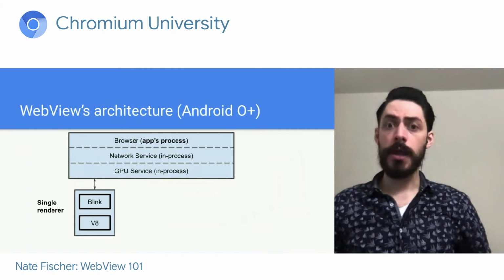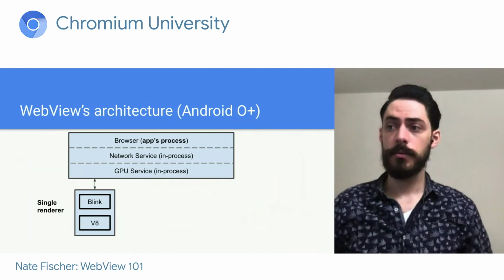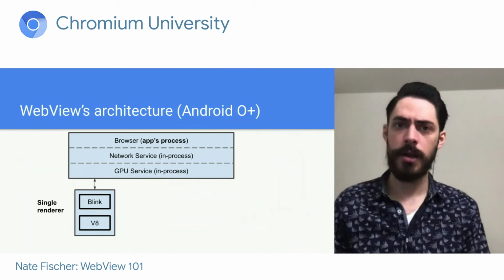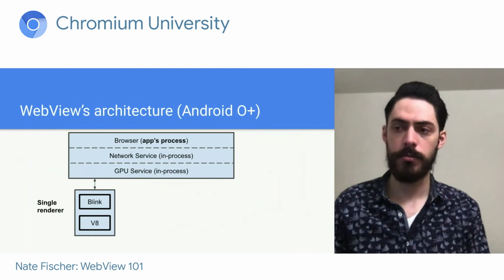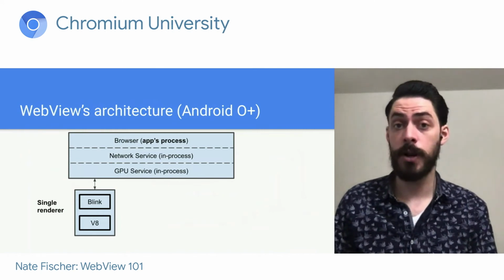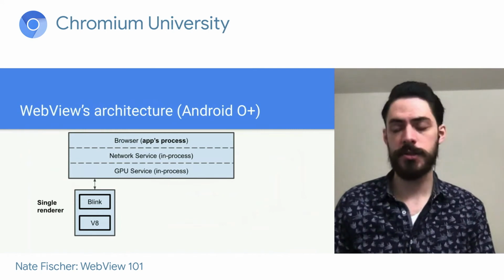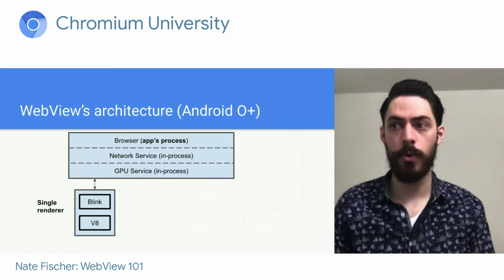So Android WebView is not too far off from that. On Android O and above, we have something that we call multi-process mode, but I think it would be more accurate to say out of process renderer. Out of which process? Out of the browser process. We have the separate dedicated renderer process.